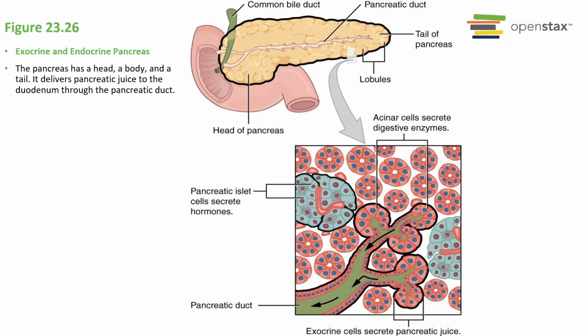As a result, you can think of the exocrine function of the pancreas as playing a key role in the digestive system. I will only briefly mention the endocrine functions of the pancreas.